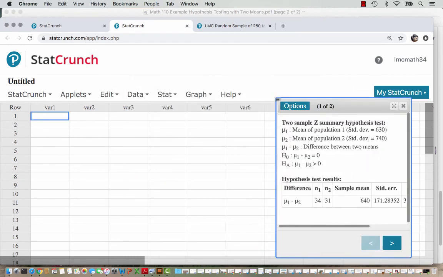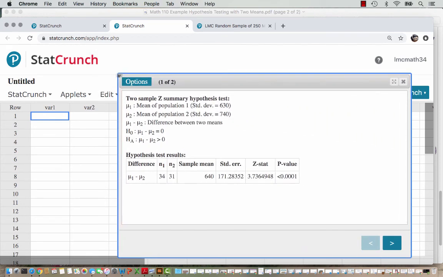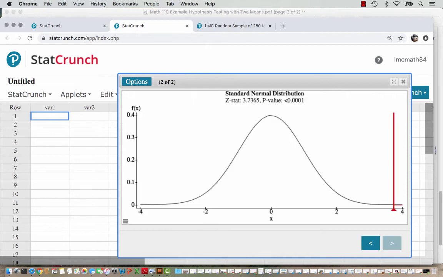And then we go to compute. And you can see our z-stat is an exact match. Our standard error is an exact match for what we did by hand. And our p-value is showing a very, very small p-value, which matches what we would have gotten if we looked it up on the z table. And if we go look at the standard normal distribution, we see the same results.